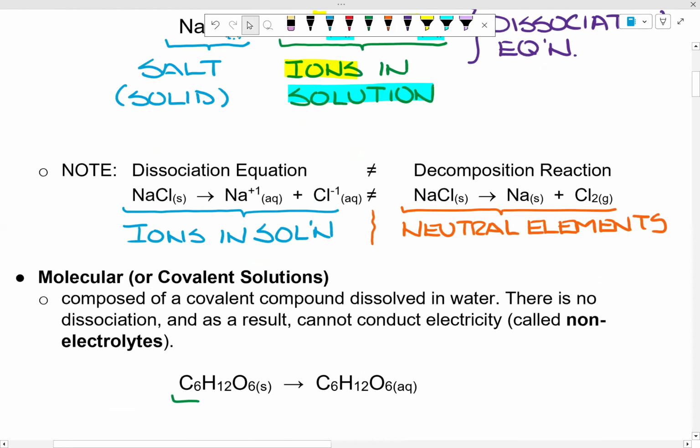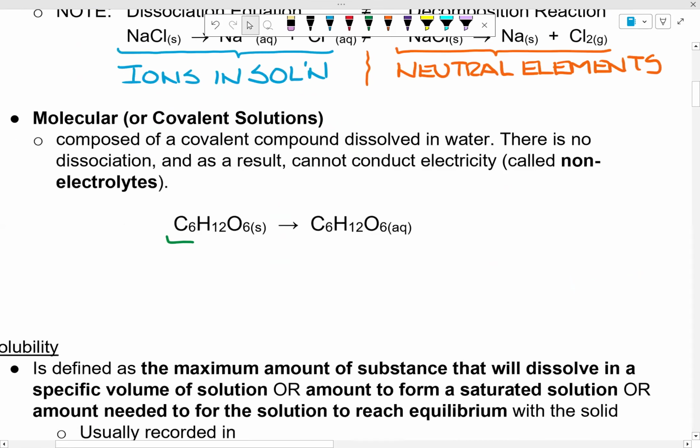Now, the other type of solution that you should be familiar with is called covalent or molecular solutions. In this case, the solution is composed of a covalent compound dissolved in water. There is no dissociation, and as a result it cannot conduct electricity.